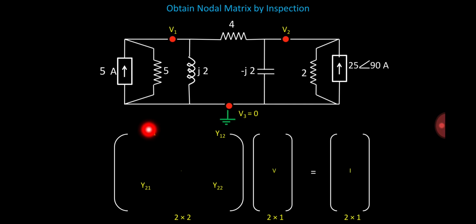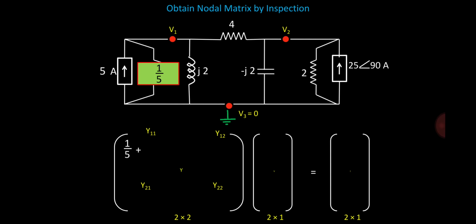y11 is nothing but the positive summation of all the admittances connected to node number 1. For getting the admittances, first of all we have to search for the impedances connected to node number 1. To node number 1, three impedances are connected, that is 5 ohm, j2 ohm and 4 ohm. The admittance of 5 ohm will be 1/5.